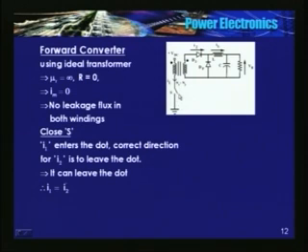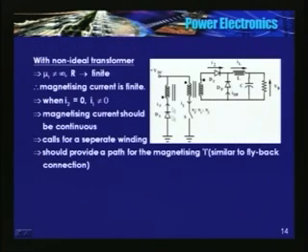So when I open the switch, there is no path for the current to flow. So this is a practical forward converter. There are 3 windings. This is nothing but the previous circuit.